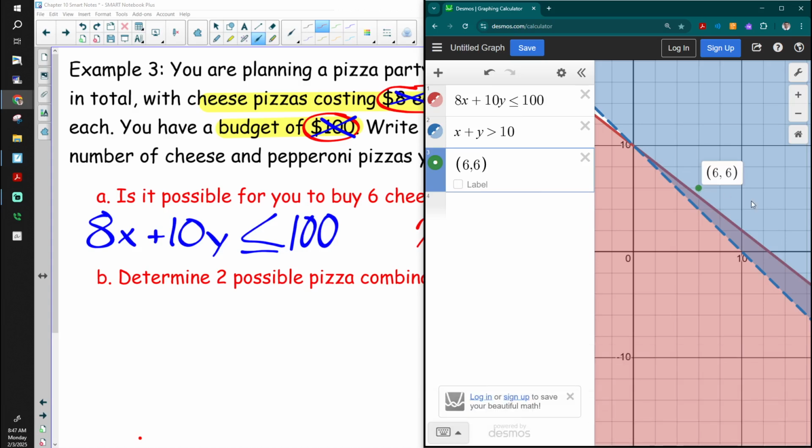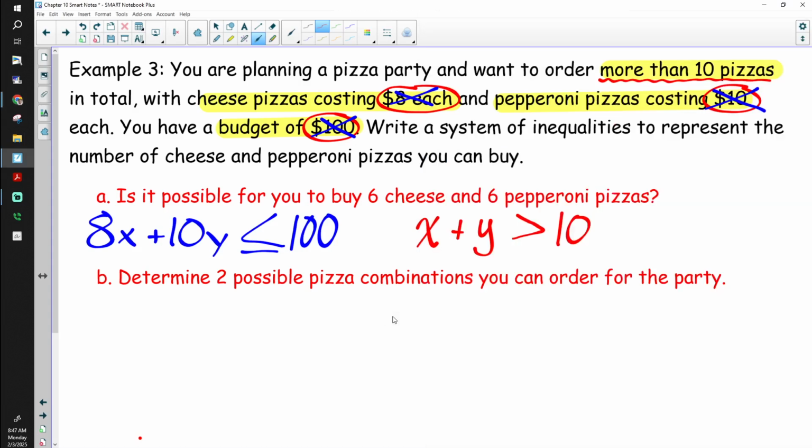Is my point (6, 6), 6 cheese, 6 pepperoni, in both shaded regions? No, it's not. Can we buy 6 cheese and 6 pepperonis? No. We're going to be over our budget. So no, we cannot afford 6 cheese pizzas and 6 pepperoni pizzas.